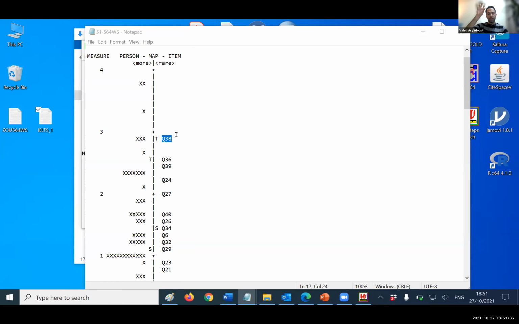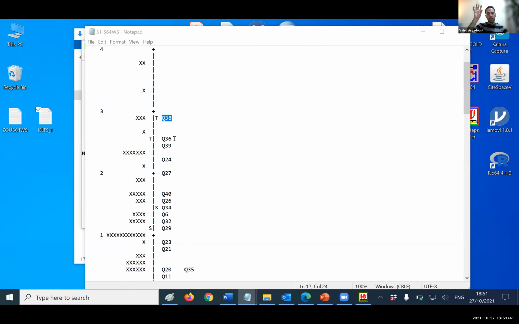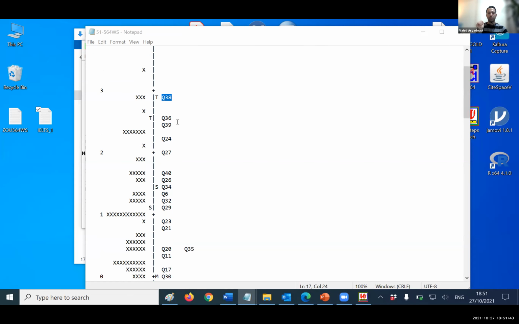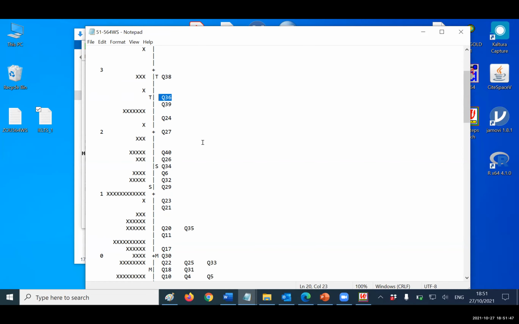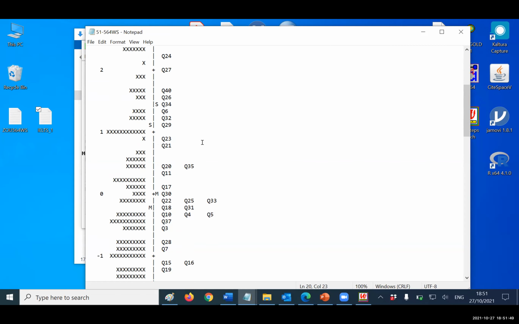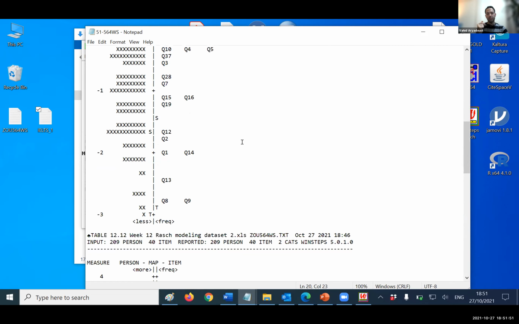So on top of the hierarchy is item 38, which is the most difficult item. What is the second most difficult one? This one. 36. Exactly. Now scroll down and give me the easiest item. 8 and 9. There's a little bit of visual deception here because they're probably not exactly at the same level of difficulty.